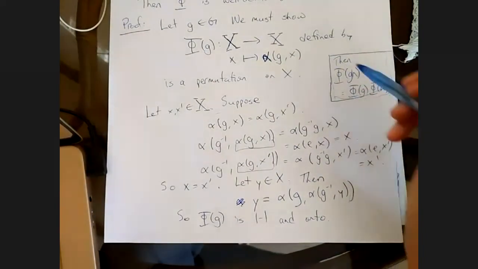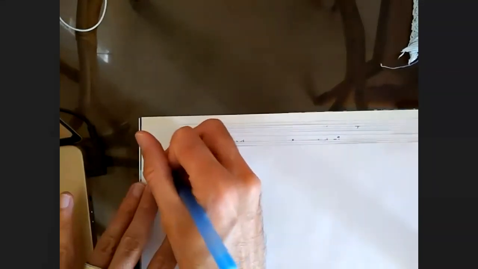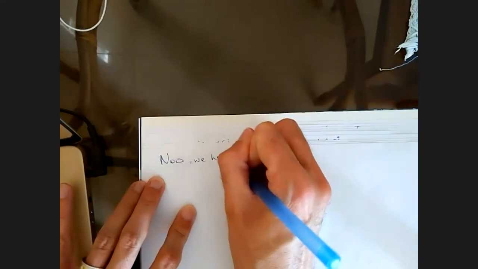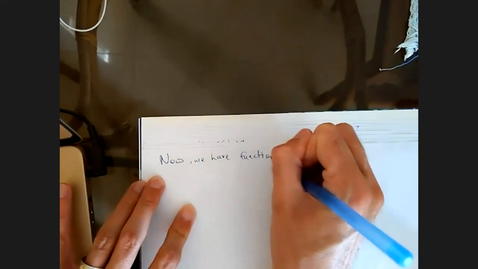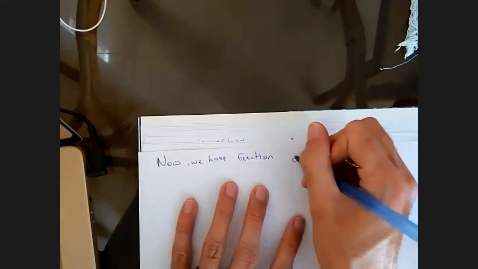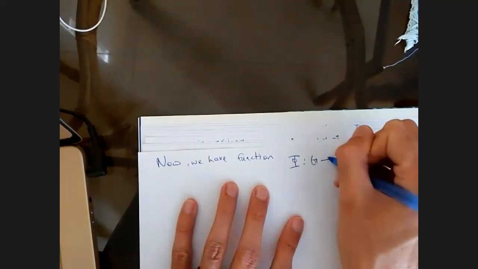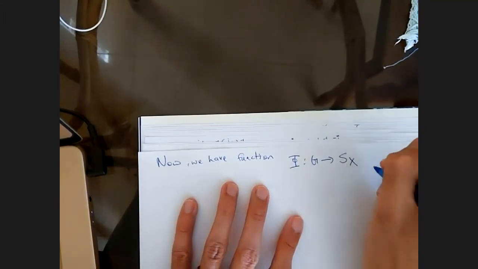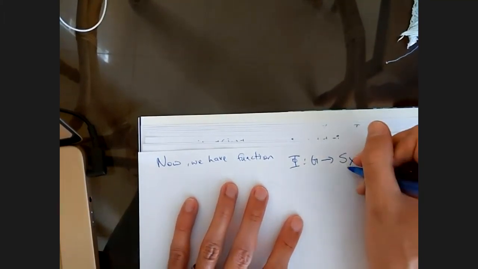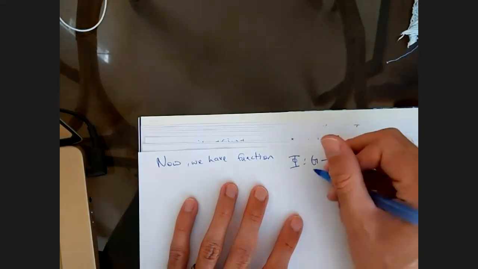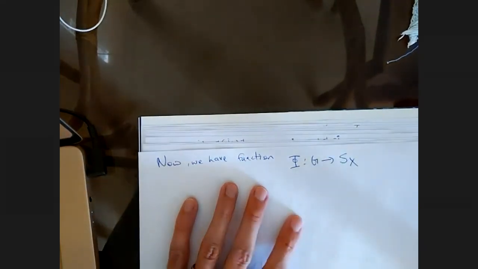So now we have a function phi, which takes an element of G and gives us a permutation on X. And of course, the permutations on X is a group, G is a group, and so we want to have a homomorphism. Okay, so we need to check.